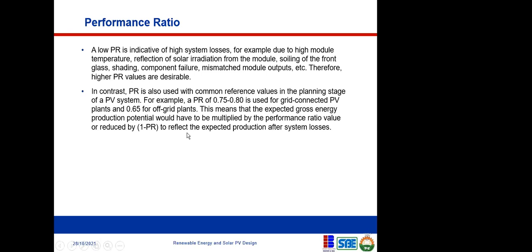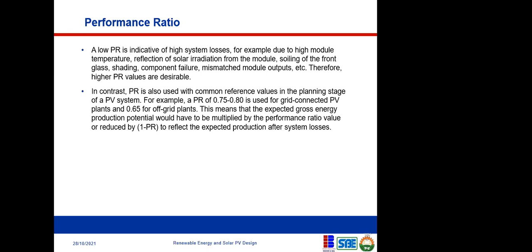That in contrast, performance ratio is used with common reference values in the planning stage of a PV system. For example, a performance ratio of 0.75 to 0.80 is used for grid connected PV plants and 0.65 for off-grid plants.